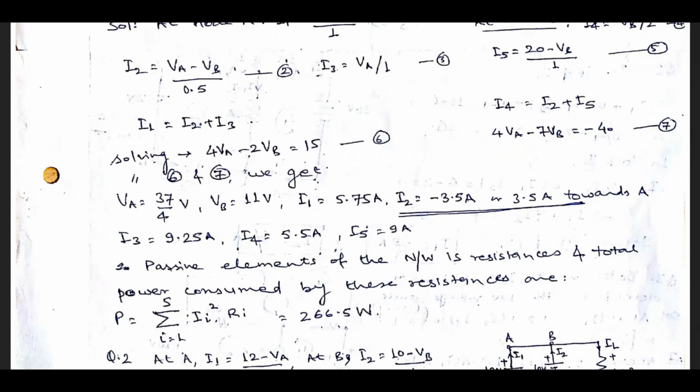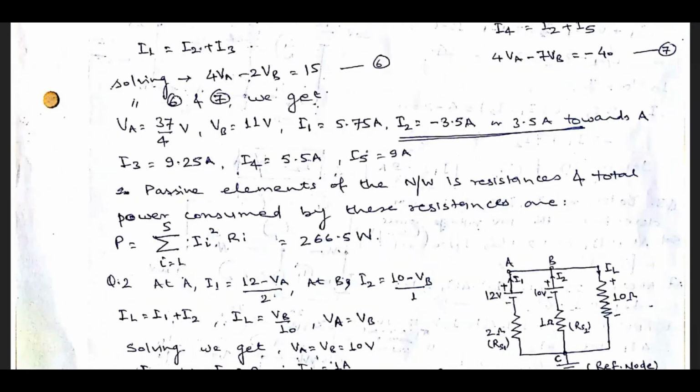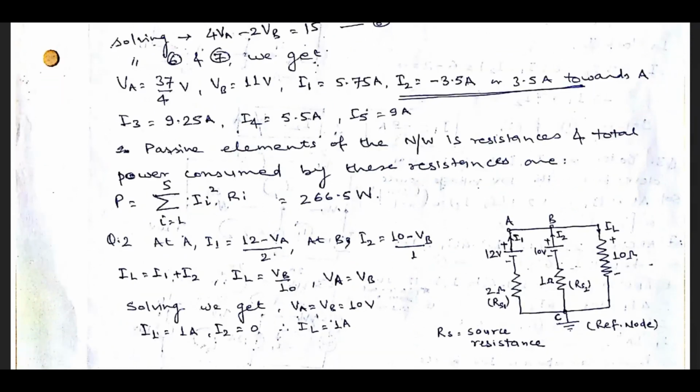So these are the currents, and if we want to calculate the power consumed by these resistances, we will apply the formula I square R, and add all those powers consumed by the passive elements or the resistances.